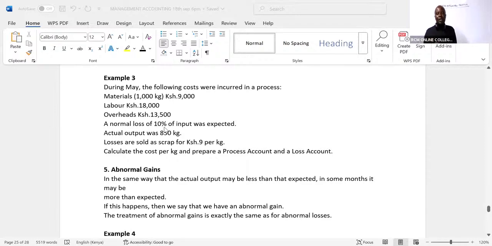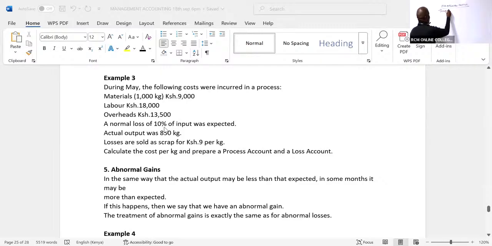What do you think, ladies and gentlemen, will be the very first thing for us to do to tackle this question effectively? Yeah, we should develop what we call a throughput account.